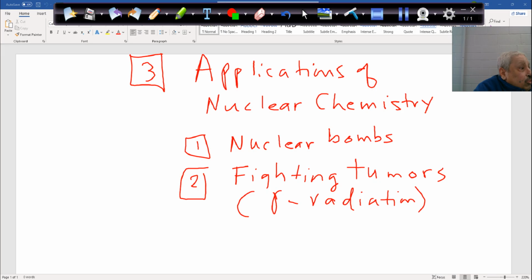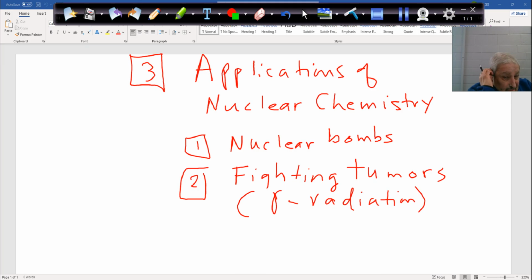So it has to be very, very tiny, and the direction has to be really very good, so you don't kill healthy cells inside the body. You know where the tumor is, you pinpoint the gamma radiation to it, and it will kill that tumor.